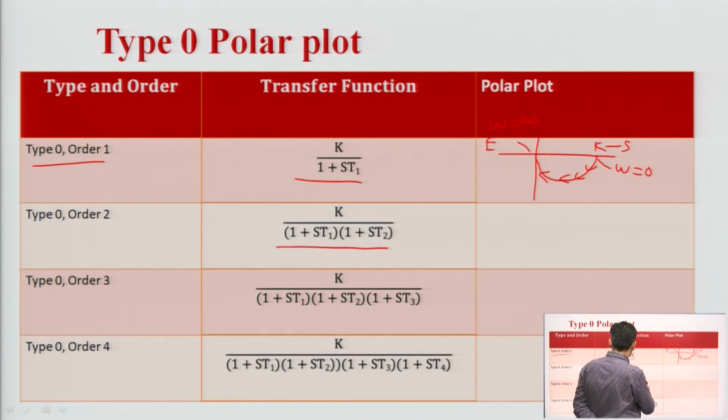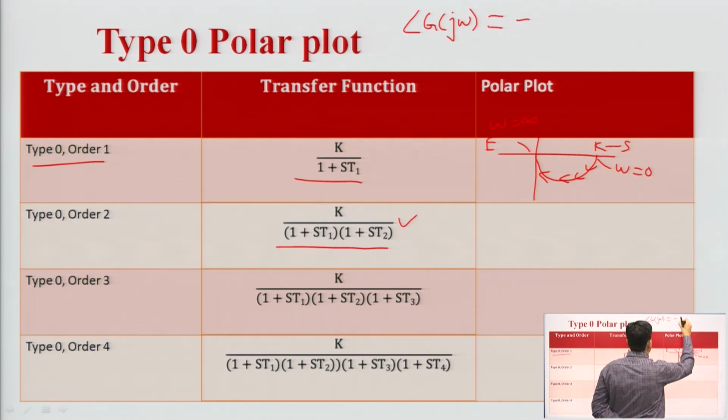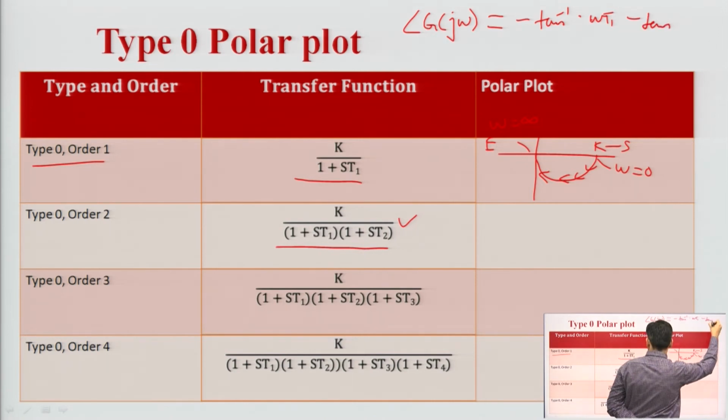Okay. So, if I calculate the phase for this transfer function, my phase angle of g j omega would be given by minus tan inverse omega T1, and minus tan inverse omega T2.